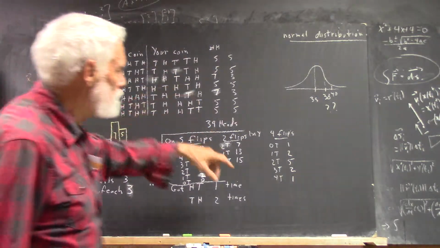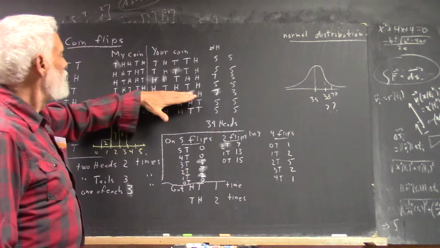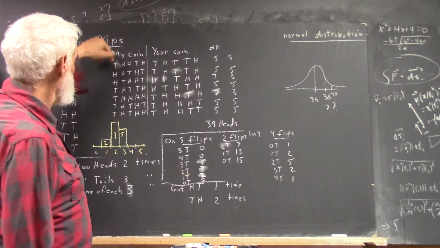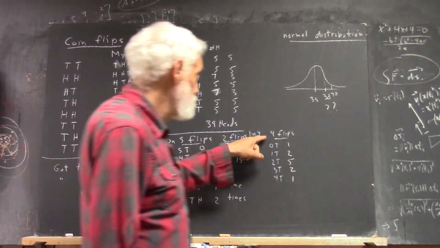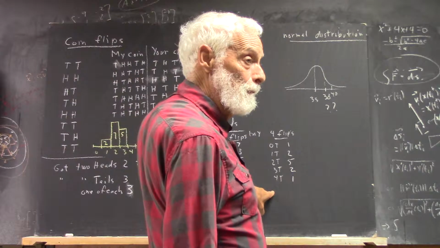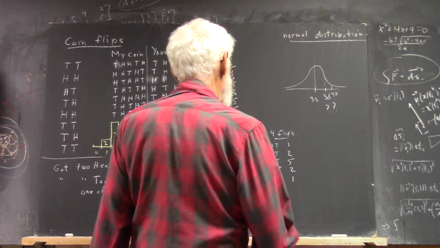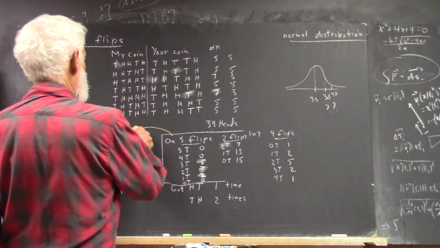Now, the distribution for 4 flips, and to do 4 flips, what I did is I just cut this part of the distribution off and I counted the columns. That distribution came out like this. Okay? So for 5 flips, there's our distribution.